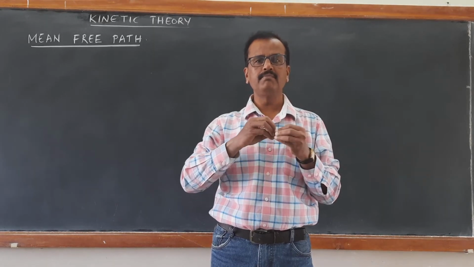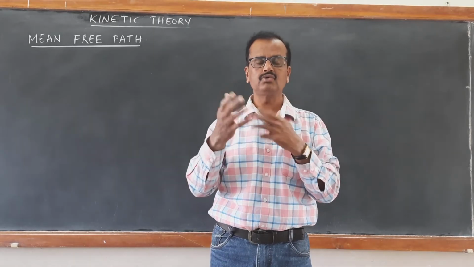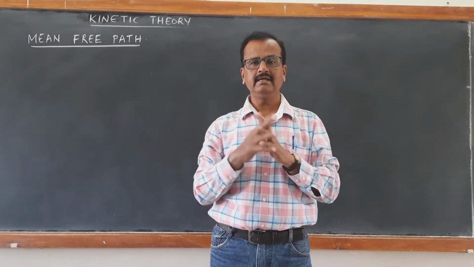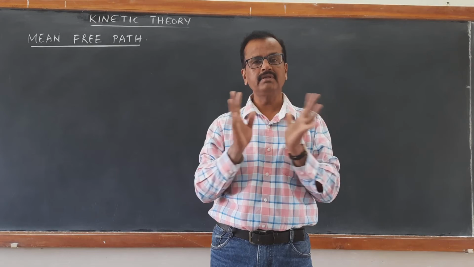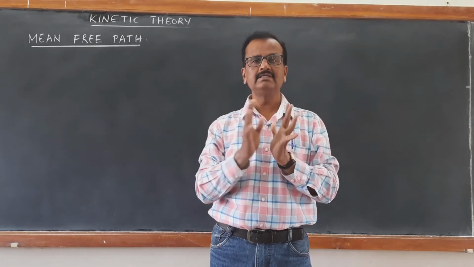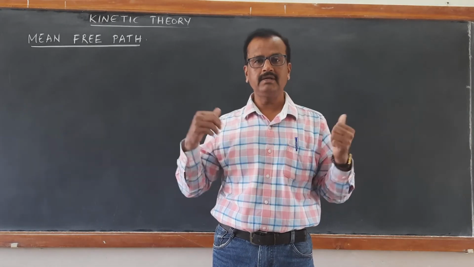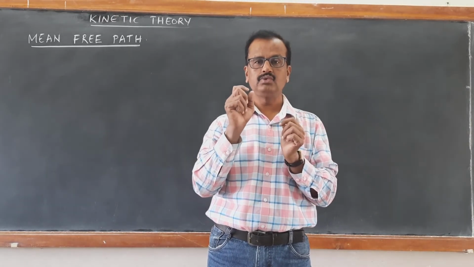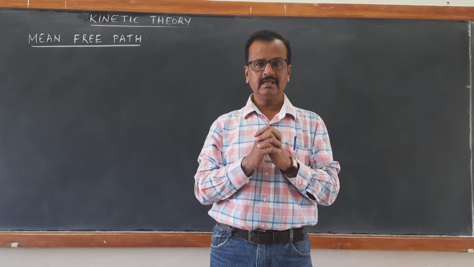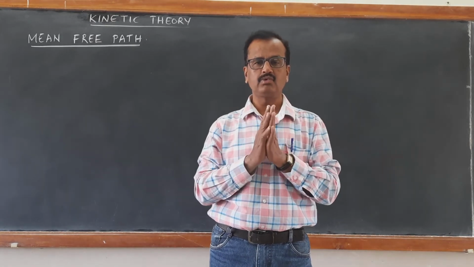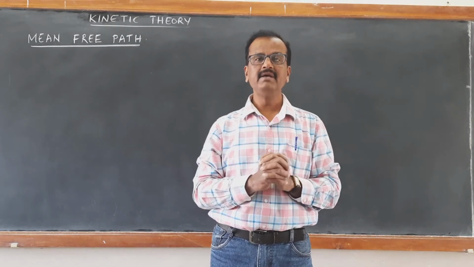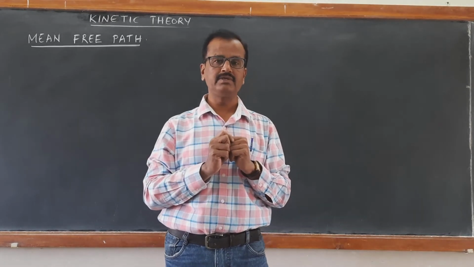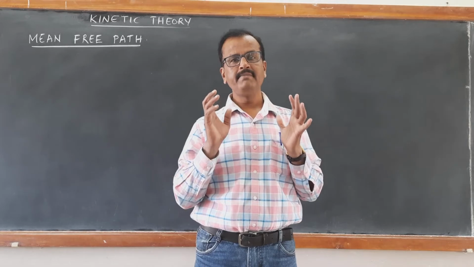Before they could move in a straight path, they undergo so many collisions that they get deflected, and therefore their spreading is not so easy. So that is what we are now discussing. What is the average distance between two successive collisions? The average distance between two successive collisions is called the mean free path.